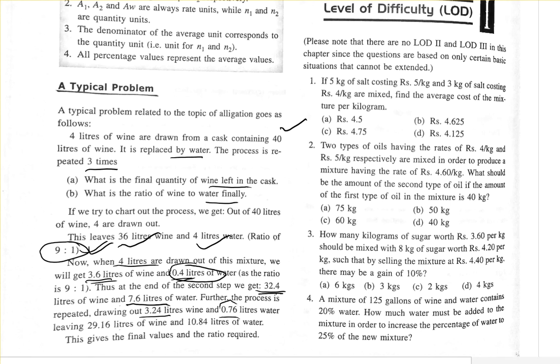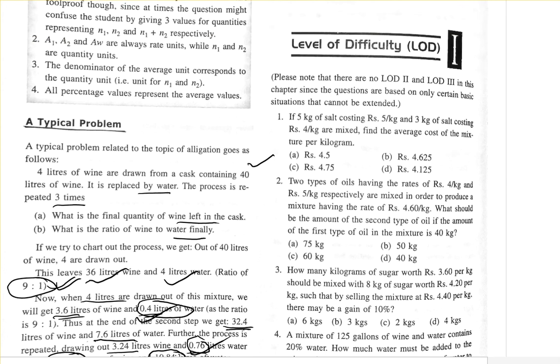So 0.76 liter of water you withdraw and now you add 4 again. Out of 12 liters of water added, a total of 1.16 liters of water you withdraw also. If you subtract this, 10.84 liters is water and 29.16 liters is wine. This gives the final value and the ratio required.